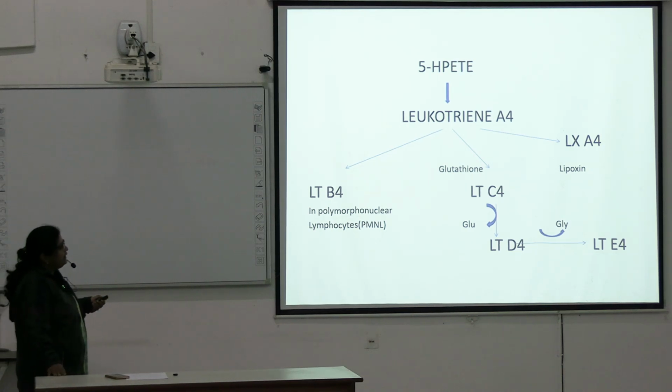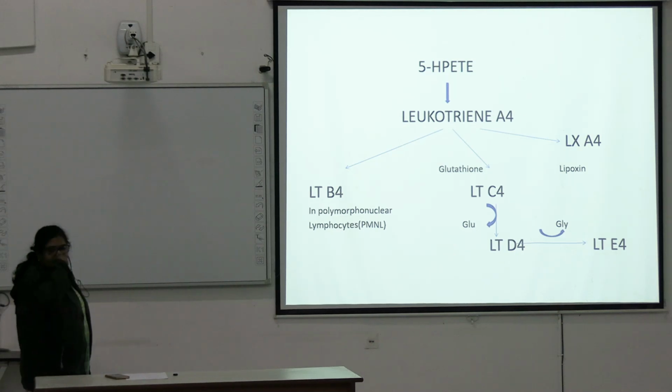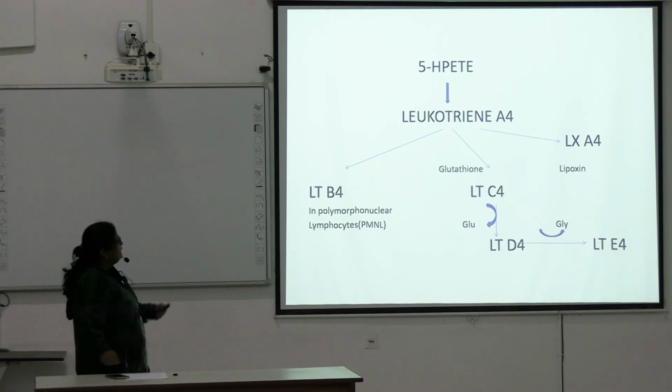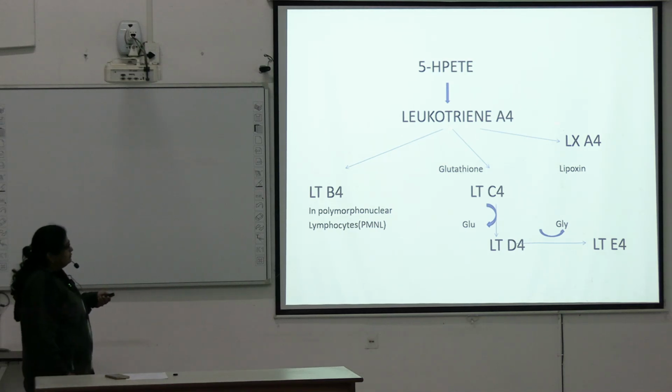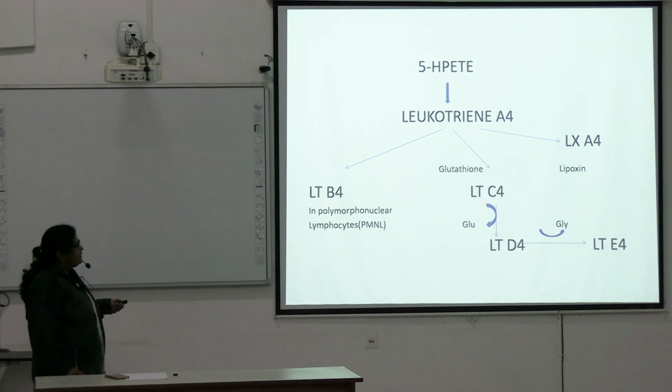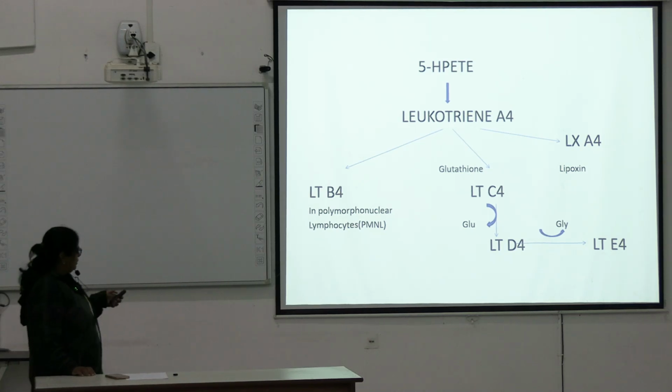And in another pathway, leukotriene A4 is converted to lipoxin A4. So, leukotriene A4 has 3 types of conversion: leukotriene B4; leukotriene C4, then D4 and E4; and lipoxins, lipoxin A4.